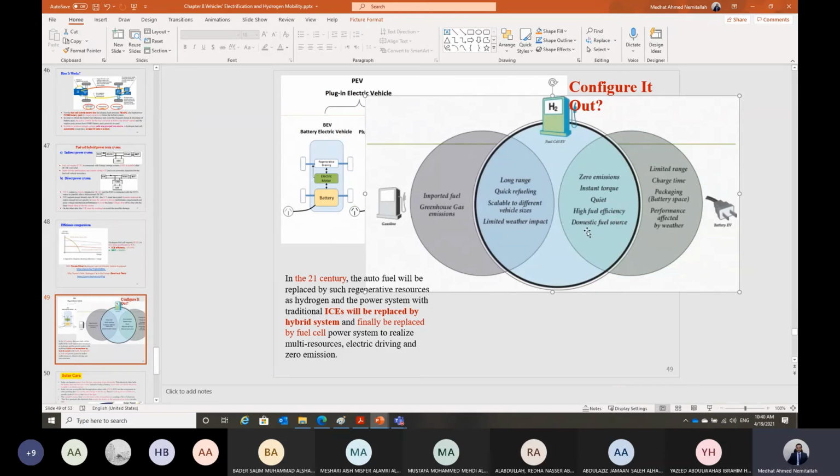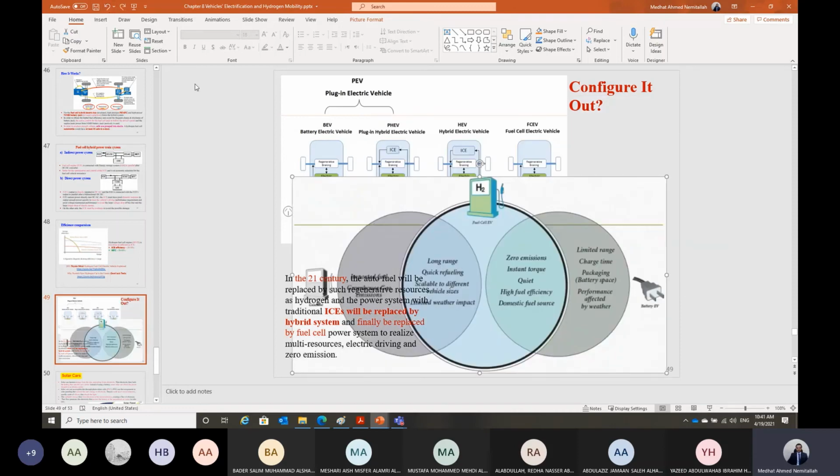It has very high efficiency, and it has a domestic fuel source. But it avoids the disadvantages of the battery electric vehicle, which are mainly the charging time, the limited range, the heavy weight of the battery, and sensitivity to the weather. We cannot easily start this kind of vehicle under cold weather conditions.